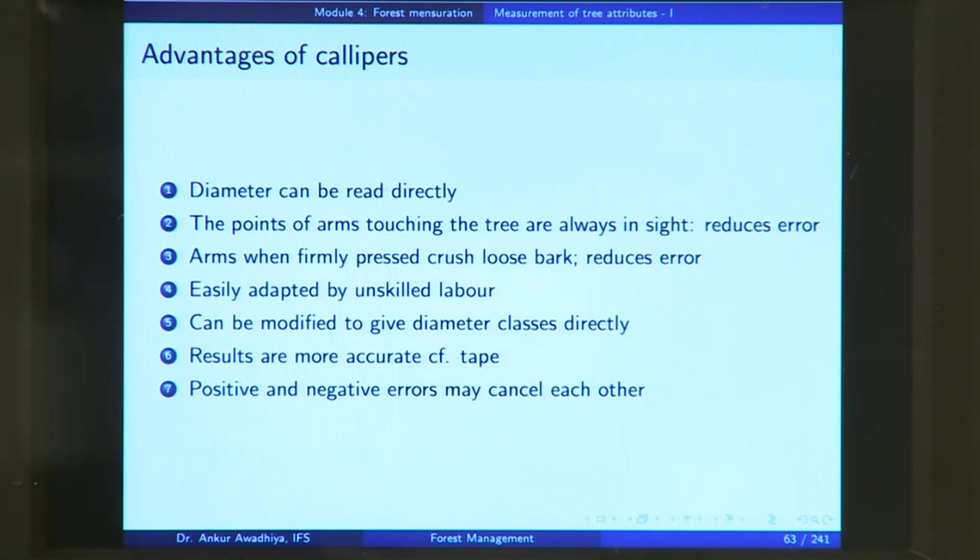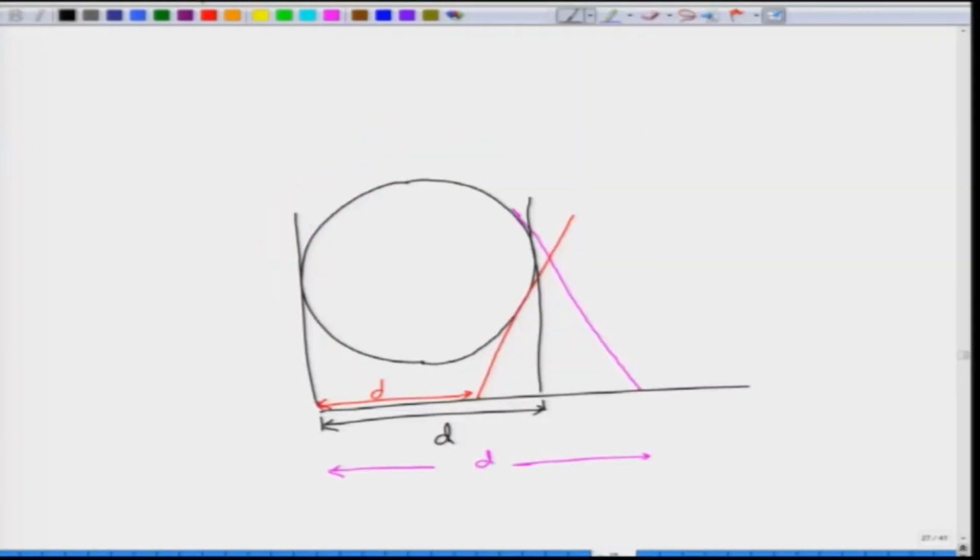Now, what do we mean by positive and negative errors? When we looked at the play in the instrument, you have one error in which you were measuring the small d, and in the other case you measured this other small d. Because you are measuring these two readings, if your instrument is having a play, you can take the average of both of these readings.